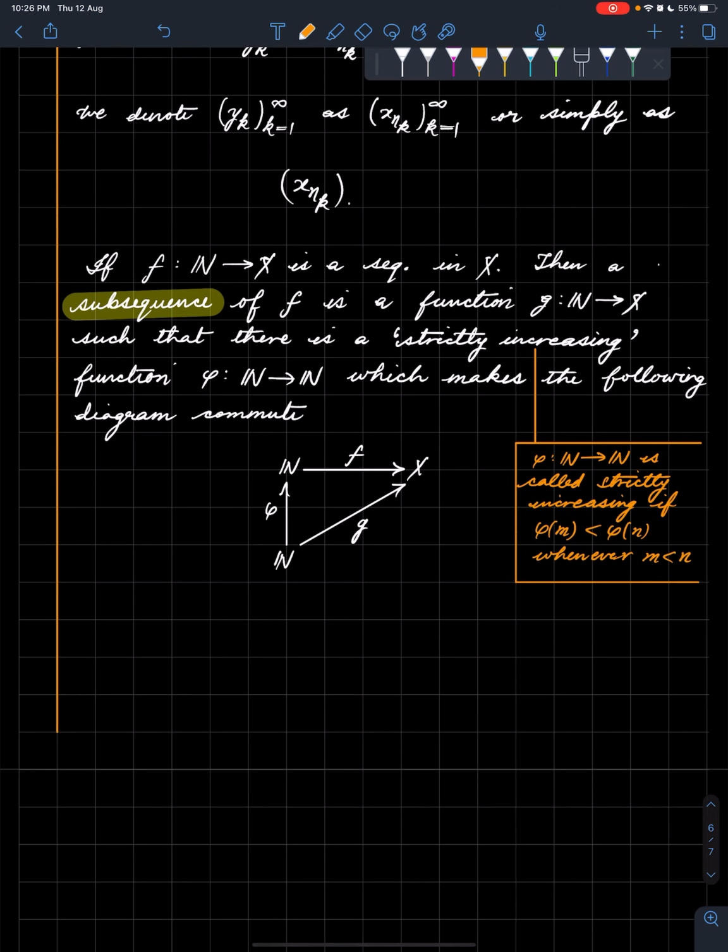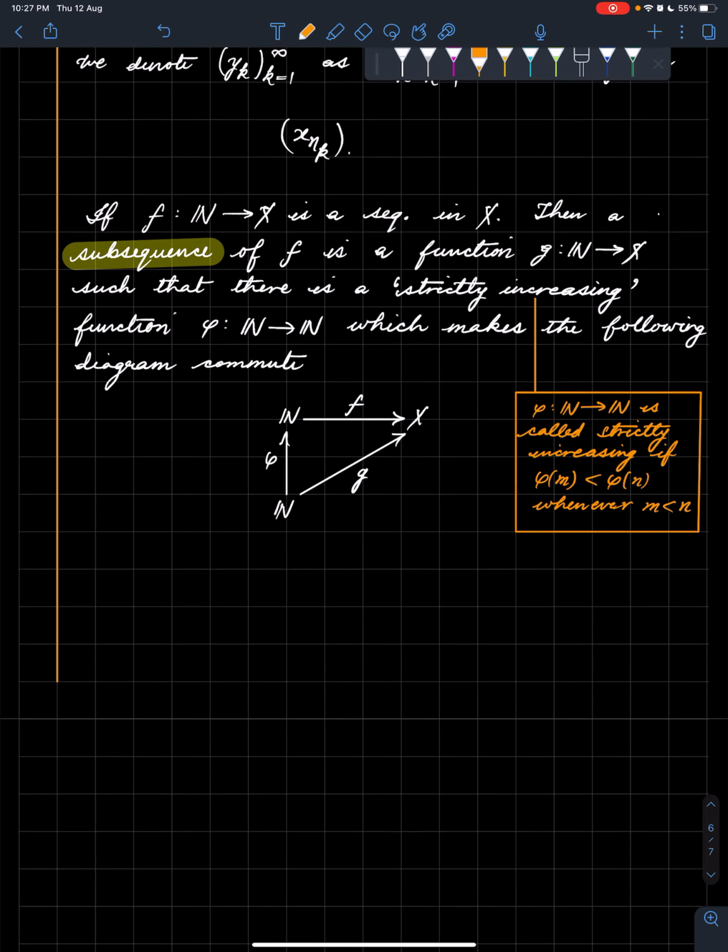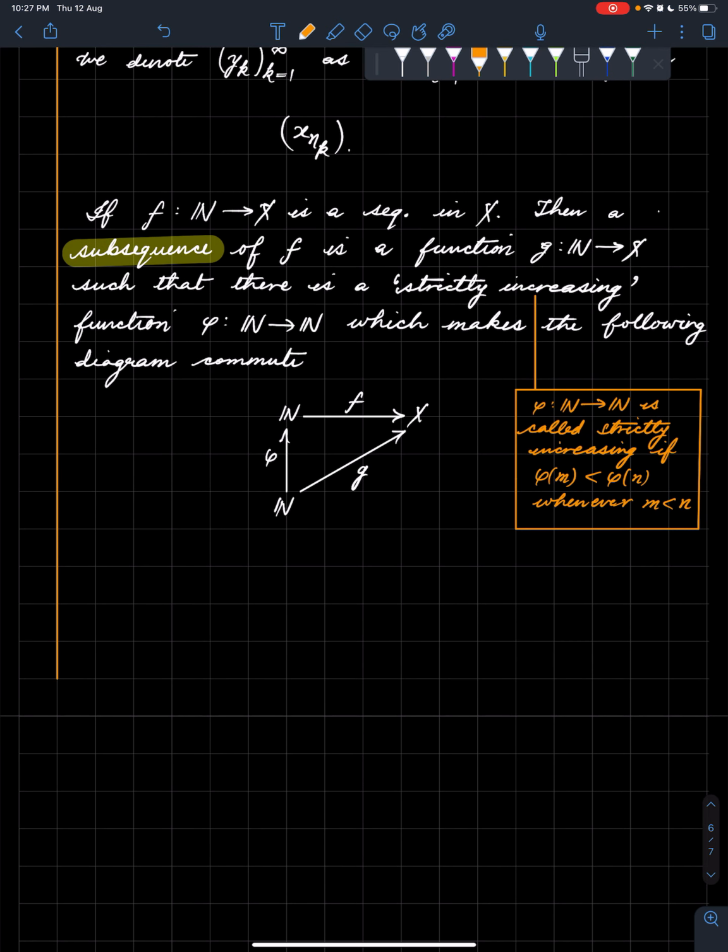So that's the definition of strictly increasing. Okay. Right. So okay, so fine.